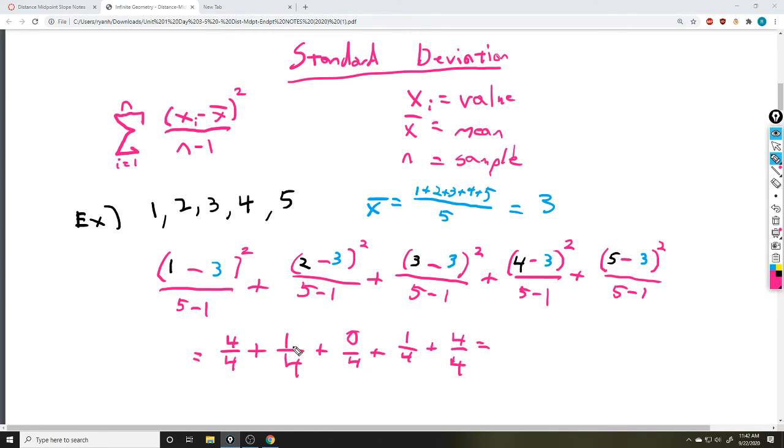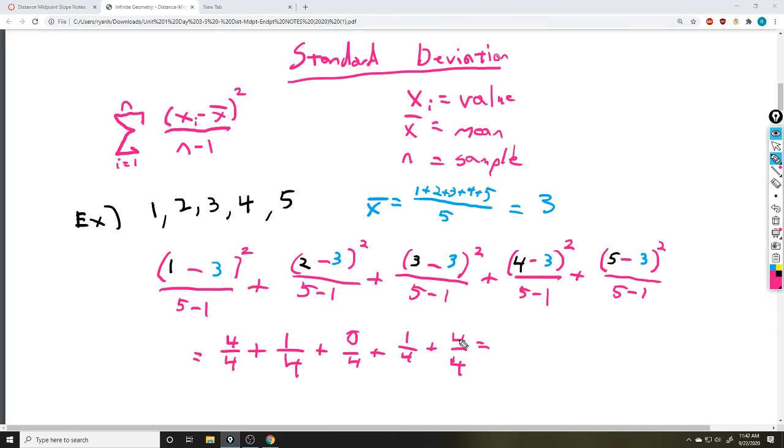Then you should also know that the further away something is from the mean, then the larger the component is in the formula. So this is why it's a measure of spread, because more spread out values, more numbers that are farther away from the mean, is going to mean a higher standard deviation. So that's why it's a measure of spread.